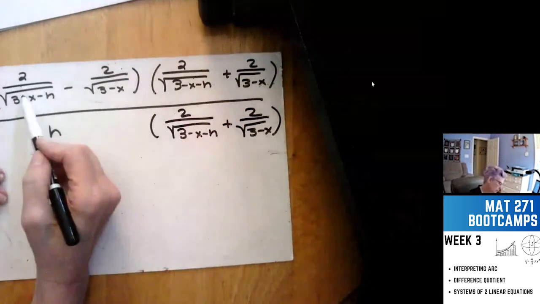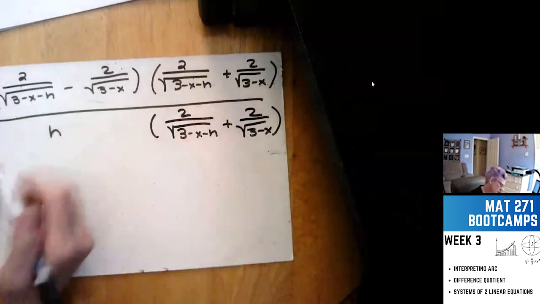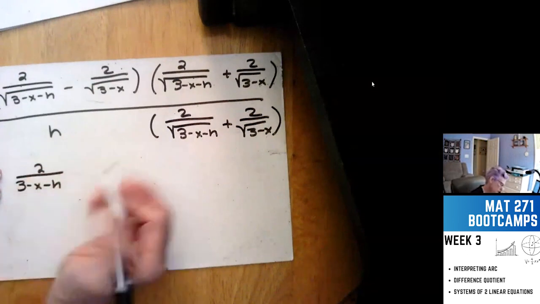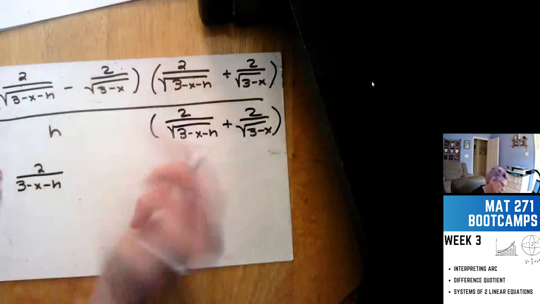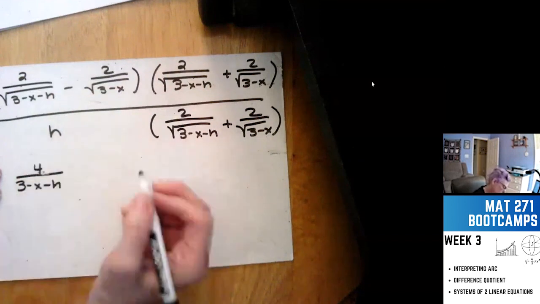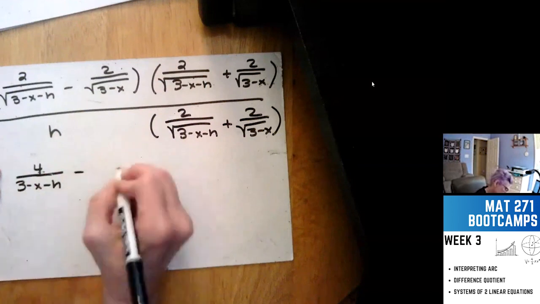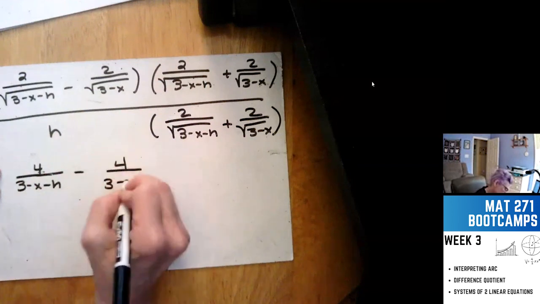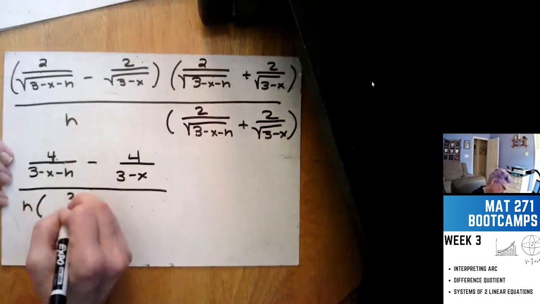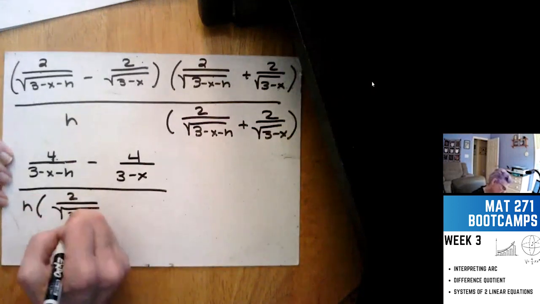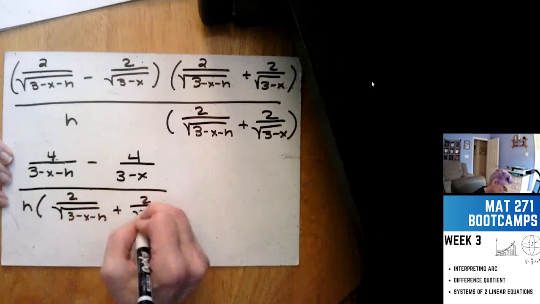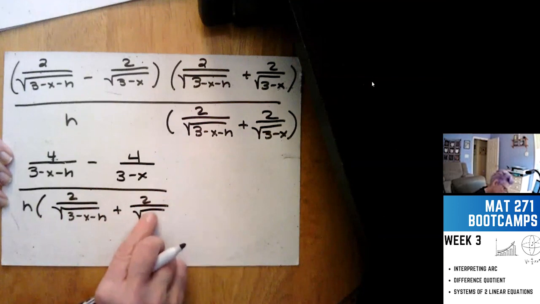So then I'm going to have this times this gives me 2 over 3 minus x minus h. Outers and inners undo one another, and actually that should be a 4 because 2 times 2 is still 4. Minus 4 over 3 minus x over h times 2 over this one plus 2 over that one.